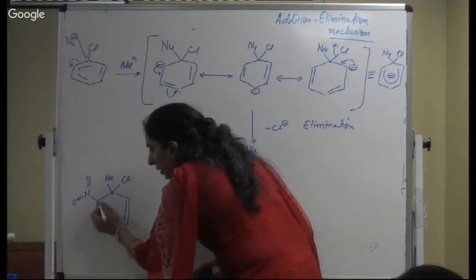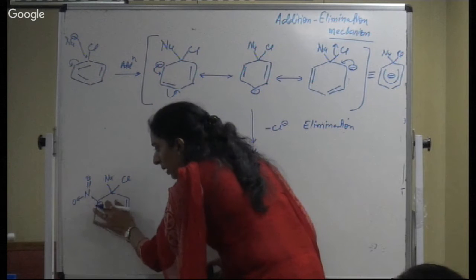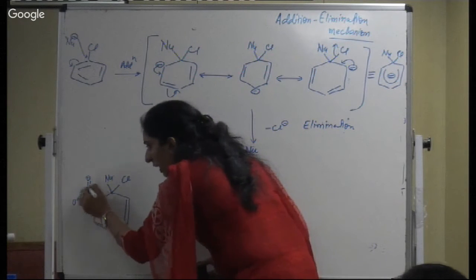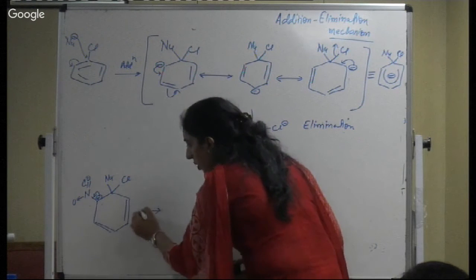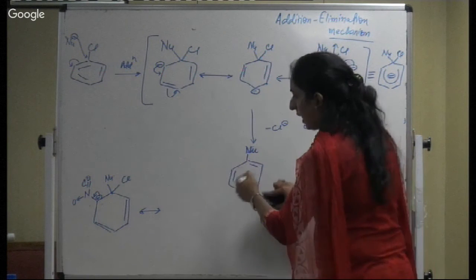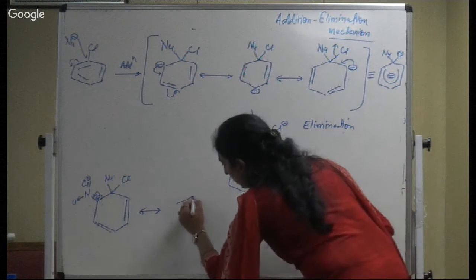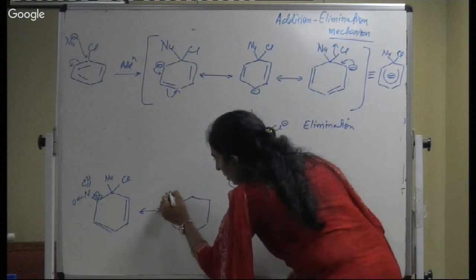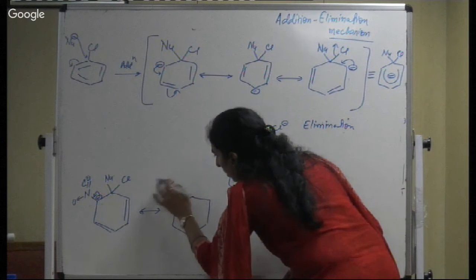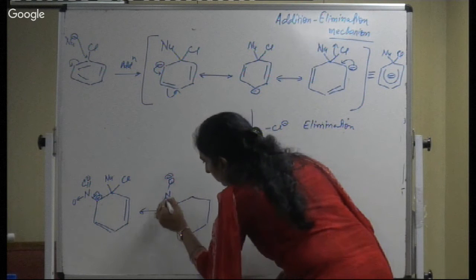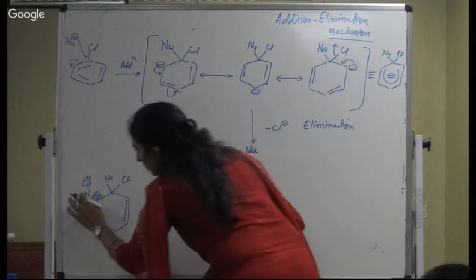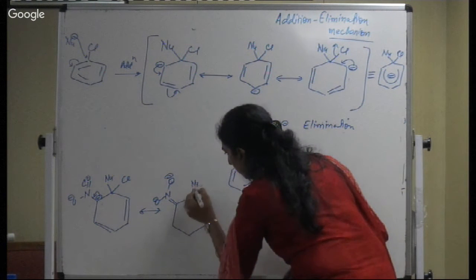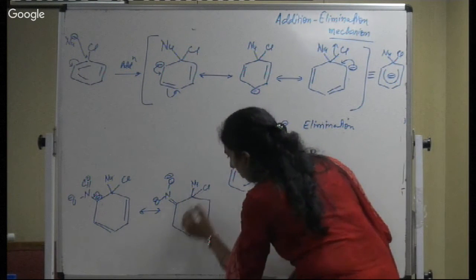The moment the carbon bearing the nitro group acquires a negative charge, it will get delocalized onto the group. You can always write O negative. There is no problem. Do you all agree?